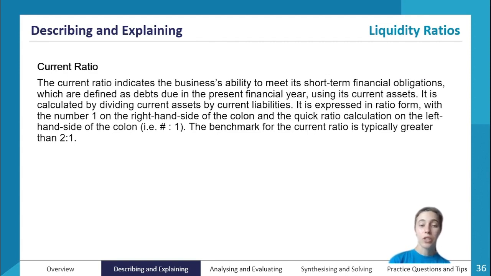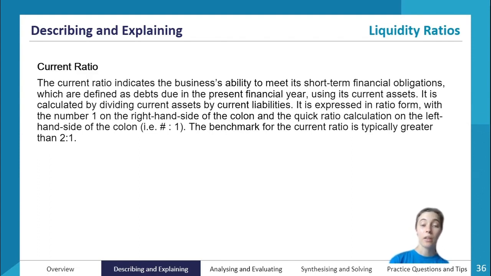So the current ratio indicates the business's ability to meet its short-term financial obligations. Short-term financial obligations are defined as debts due in the present financial year. And it's measuring this in terms of using its current assets in order to meet these obligations.